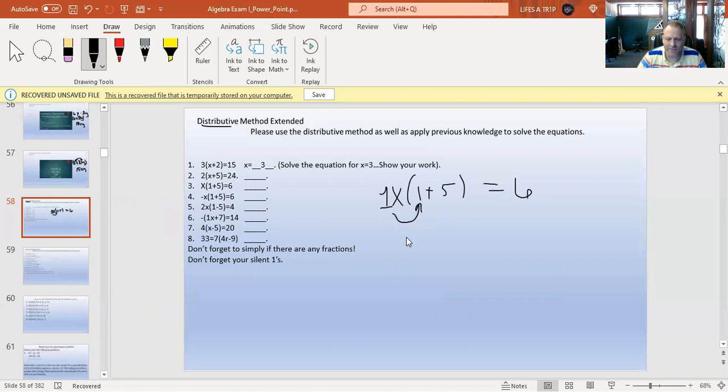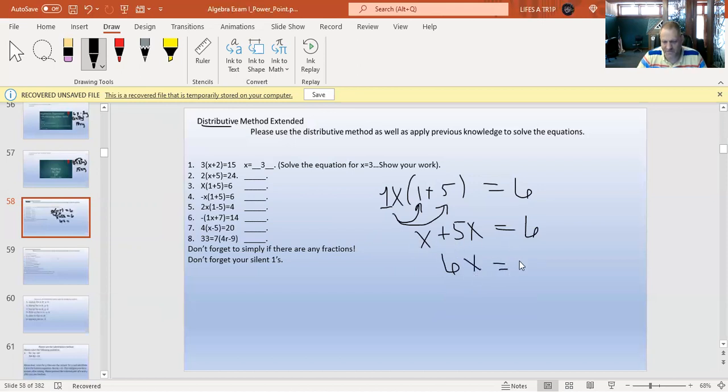Okay, 1x times 1 is 1x. 1x times positive 5 is 5x. Equals 6. Are these like terms? Yes, they are, even if you don't have that silent 1 there, which you don't have to put there. They are still like terms.